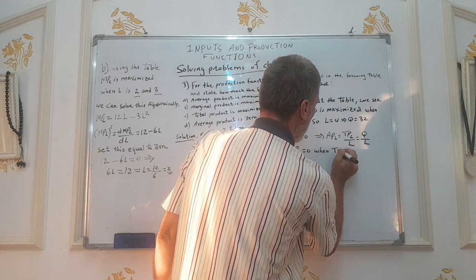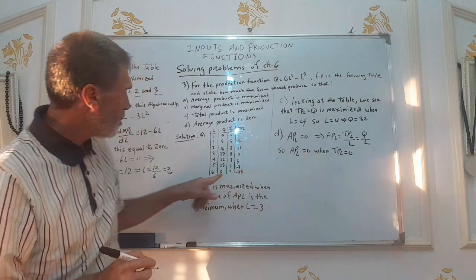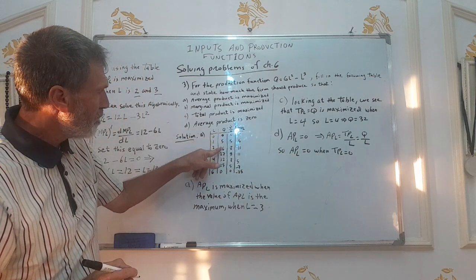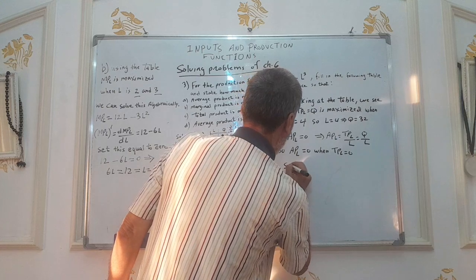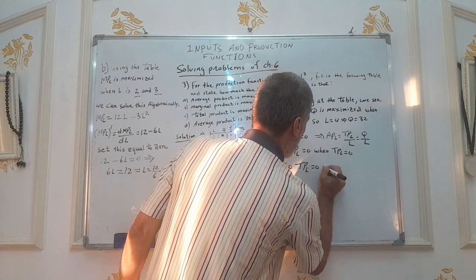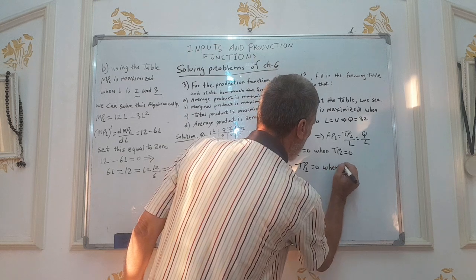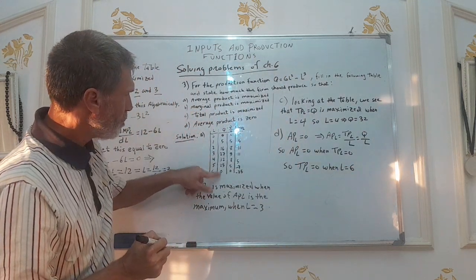So average product of labor equals 0 when total product of labor equals 0. Total product of labor, Q, is 0 when L equals 6. When L equals 6, total product is 0.